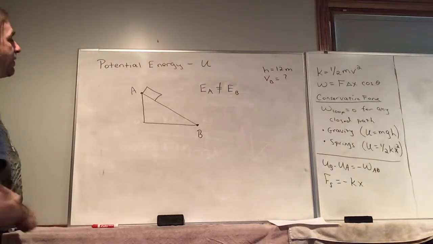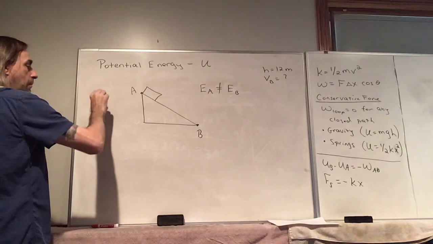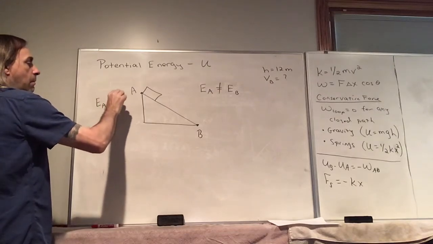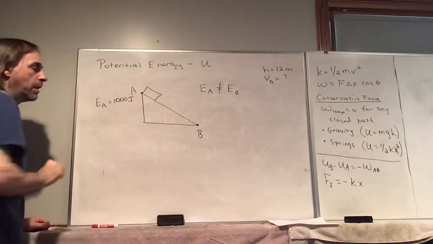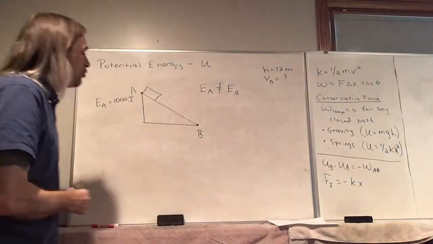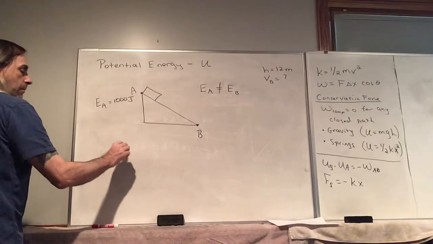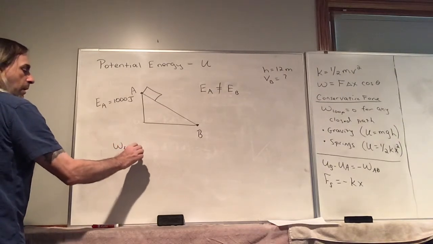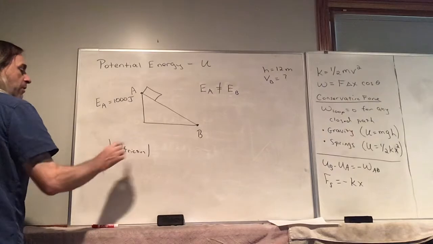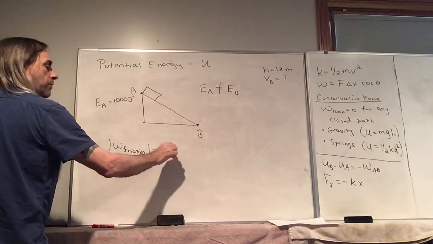Let's say we have 1,000 joules of energy at A. But we know friction is going to carry away some of that energy. Let's say the work done by friction, and I'm going to take the absolute value here, the work done by friction is, say, 300 joules.